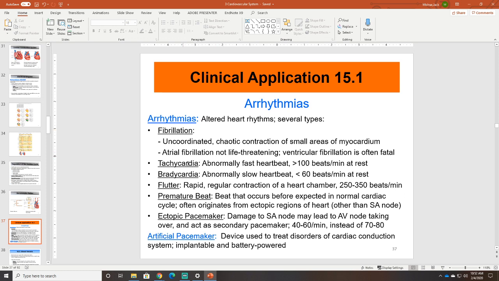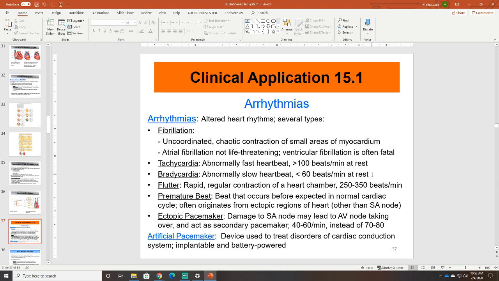All right, so tachycardia is an abnormally fast heartbeat, usually over 100 beats per minute while the person's at rest. Now, if you're exercising, over 100 beats per minute's fine. Bradycardia is an abnormally slow heartbeat, below 60 beats per minute at rest.